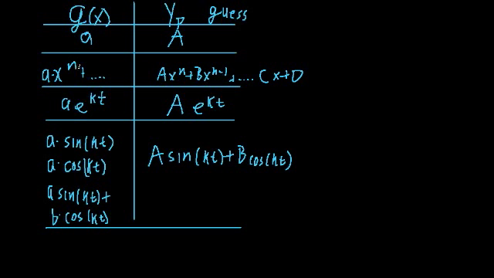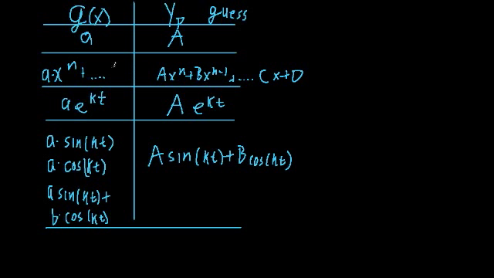If g of x is a polynomial term, like x to whatever exponent or t to whatever exponent, then you should guess a scaled version of that polynomial term, plus all the other terms that follow it, or you could think of it as all the other derivatives of that term. Essentially guessing the full polynomial.